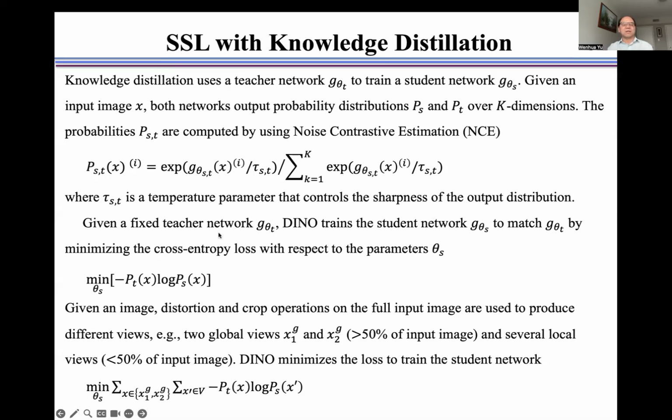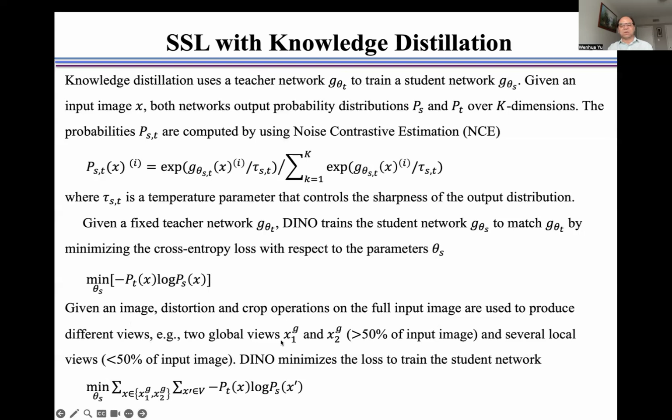Given a fixed teacher network g theta t, DINO trains the student network g theta s to match g theta t by minimizing the cross entropy loss with respect to the parameters theta s, as shown here. Given an image, distortion and crop operations on the full input image are used to produce different views.